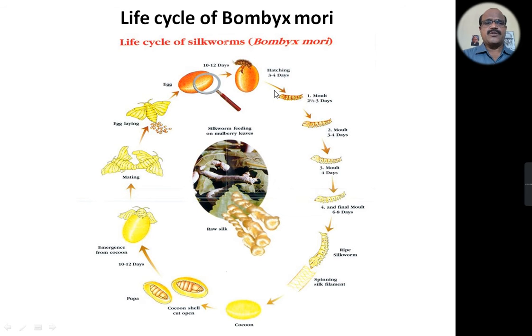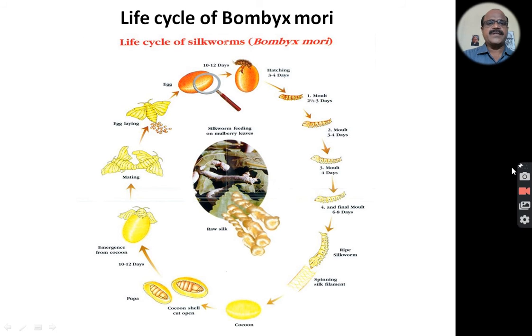Eggs are, as I told, of 2 types: hibernating eggs and non-hibernating eggs. The eggs are going to hatch after 10 to 12 days of incubation. Eggs hatch out into a teeny larva, that is the first caterpillar.